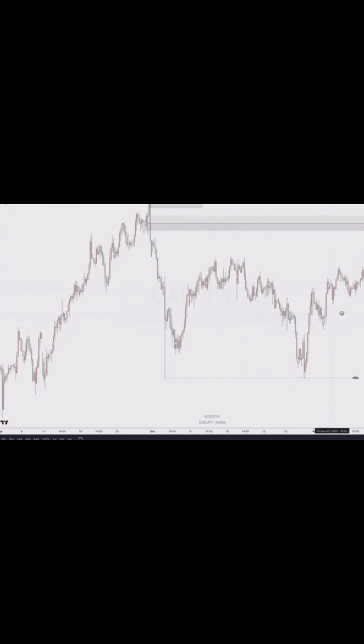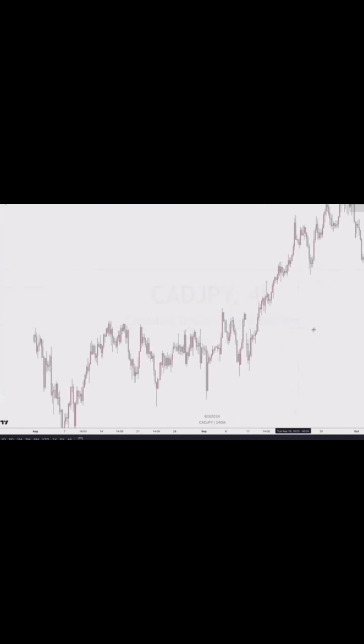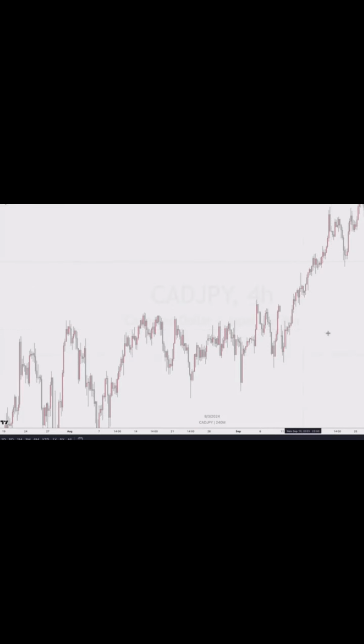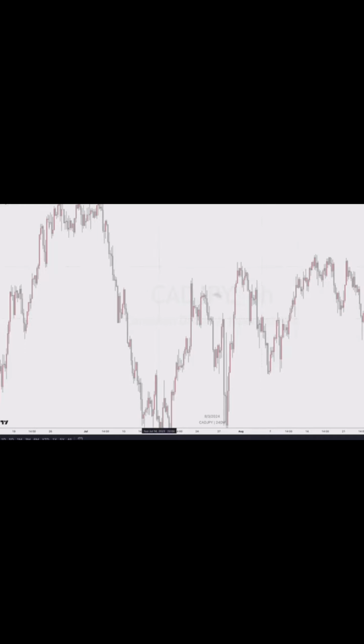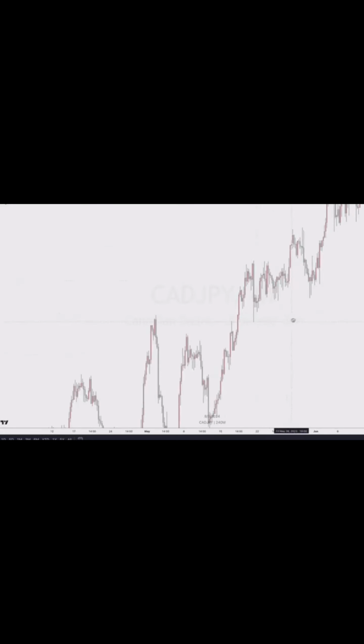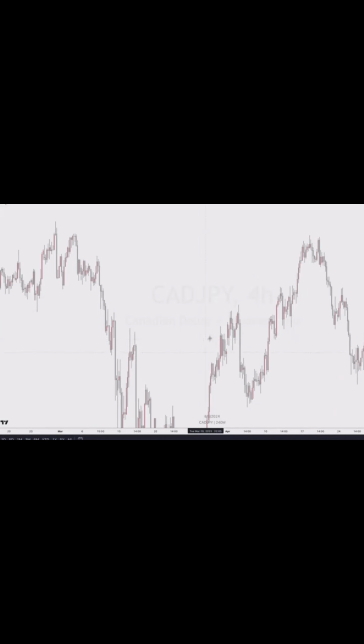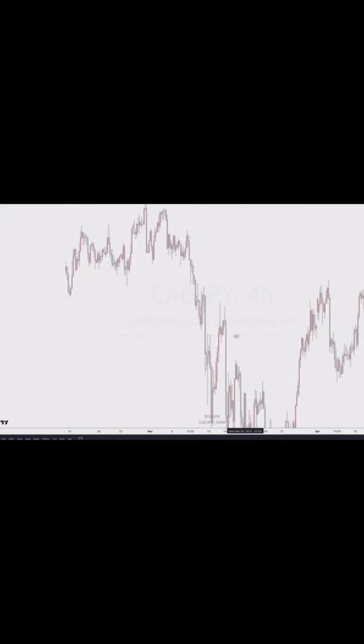So take it in mind that price would most likely want to react to a breaker or a mitigation block more than it would want to react to another order block, right? And price will most likely want to seek liquidity where it finds liquidity. If there is no area of value around it, or if the order block is too far away from it, price will just take liquidity and go.